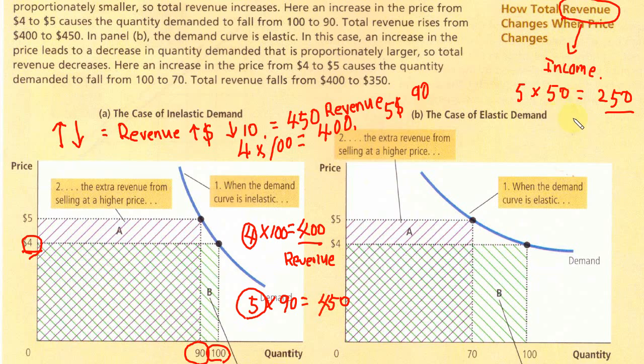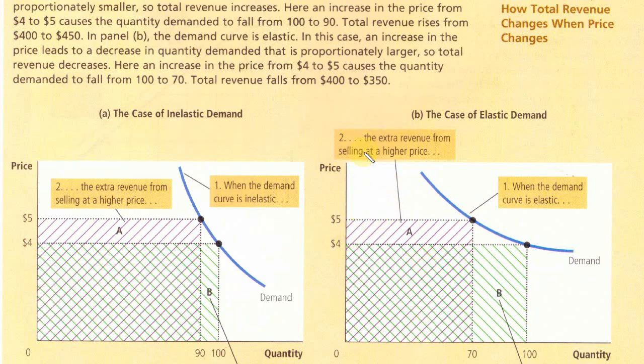When the demand curve is elastic, what can happen? Contrary, let's see the calculation. We have a $1 increase, and then we have a 70 demand.